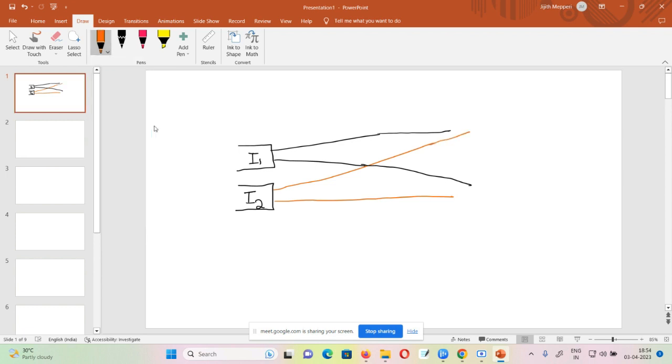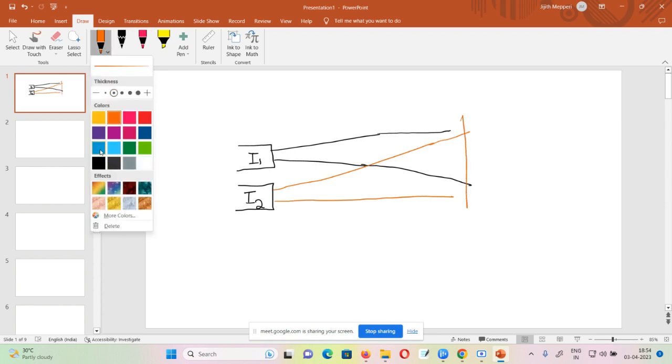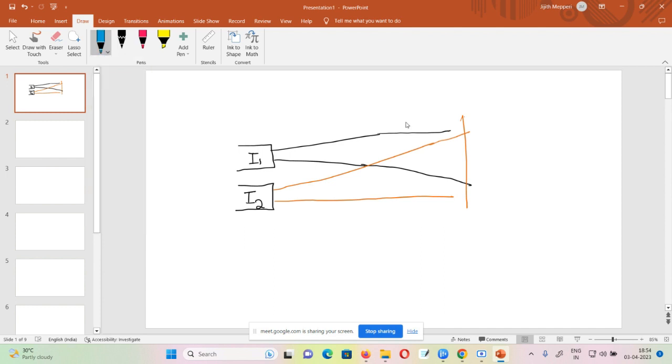The question is, what will be the maximum irradiance or maximum intensity at this plane? If sources of I1 and I2 interfere, what is the maximum intensity you can get at this plane? How will you calculate this?